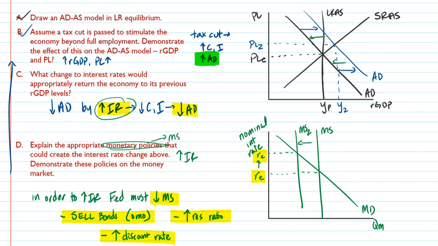Here, of course, we've just worked that in reverse. If we want to lower demand, we need to raise interest rates. If we want to raise interest rates, we need to decrease the money supply. And if we want to decrease the money supply, these are three options we have available.